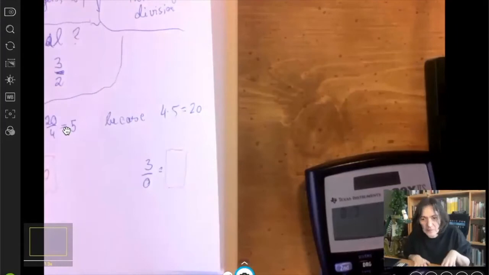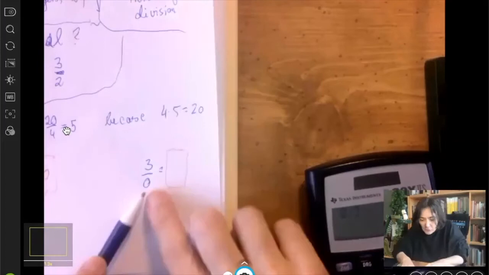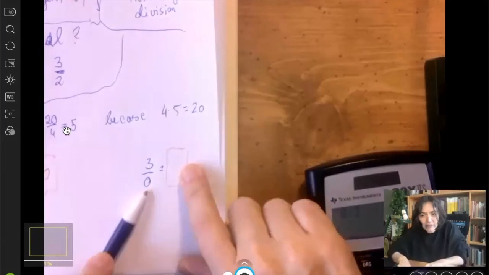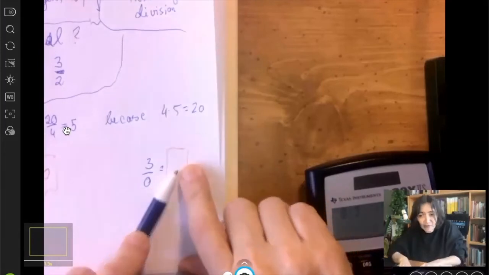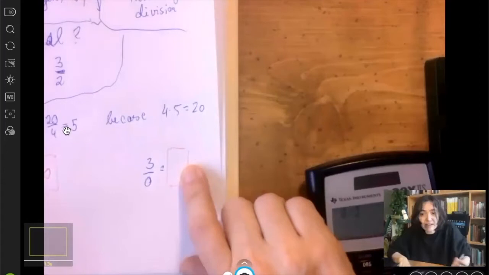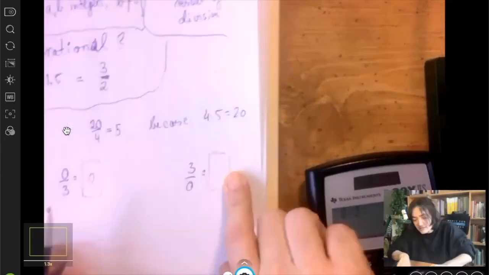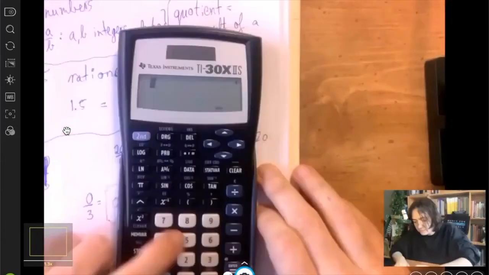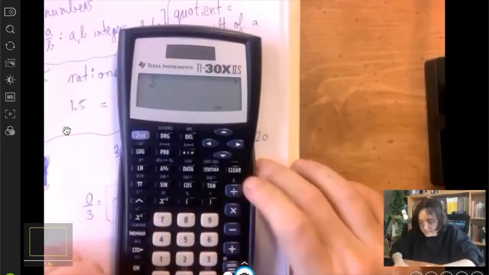Okay. Is this because of that 0? No, it's because the multiplication backwards will never work. If you want to put a fixed number here, you can put gazillions. That 0 is going to slam it down to 0. 0 times nothing will give you 3, right? So let's ask the calculator. 3 divided by 0.